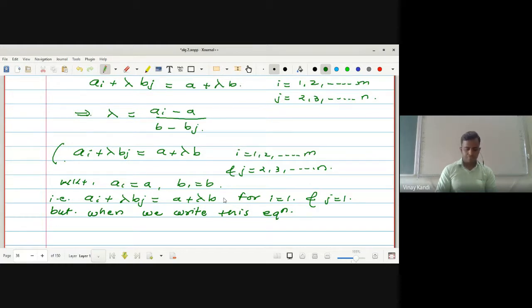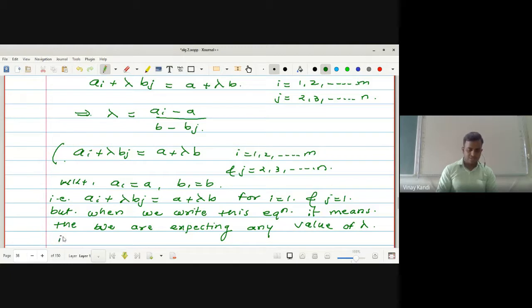but when we write this equation, it means that we are expecting any value of lambda.